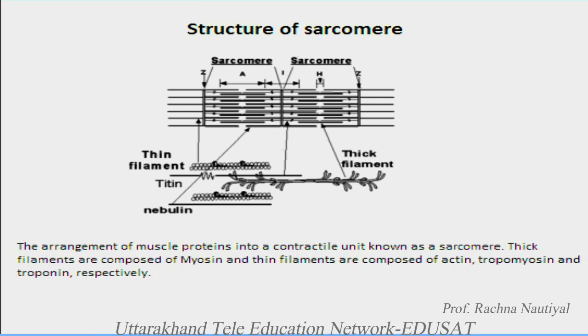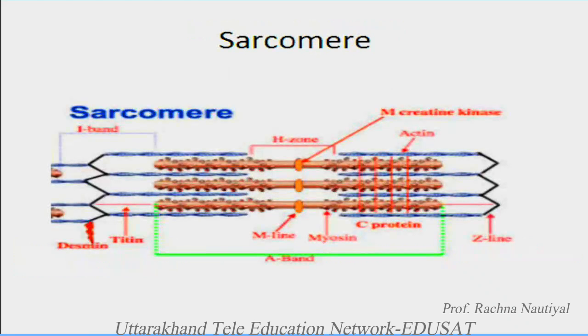Thick filaments are composed of myosin, and thin filaments are composed of actin, along with the proteins tropomyosin and troponin, which are also found in the sarcomere.